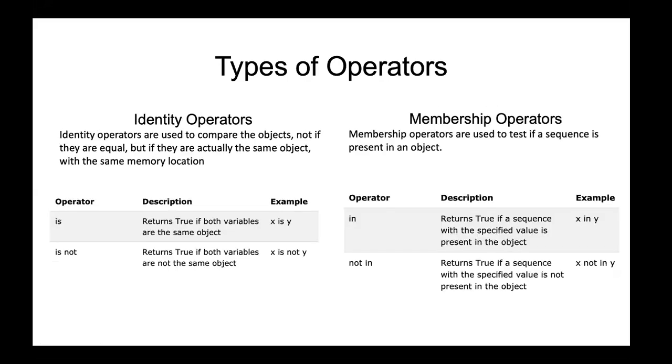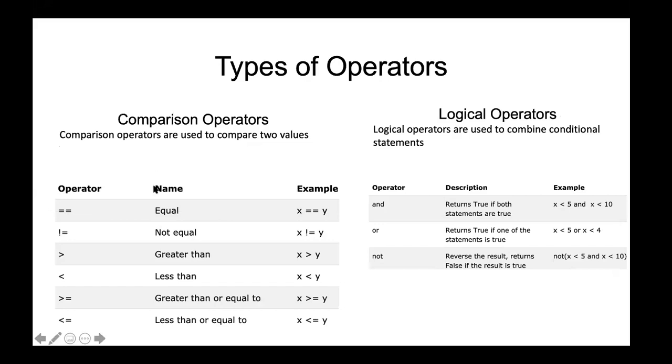But if we go to the comparison operators, we have the double equal. So those are two different things: one assigns a value to a variable, and the other checks whether the two values are equal. The second one checks whether the values are not equal, the third is greater than, less than, and so on.